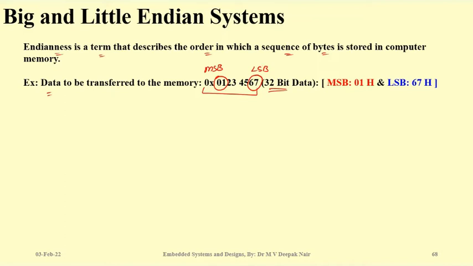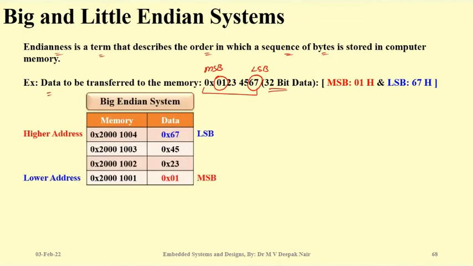Let us see what Endianness is and how different companies use different approaches. So if the company is following the Big Endian system, it will be loading or unloading the data in this particular fashion. So you have the memory here. Lower memory is here, 2000 1001. Higher address is 2000 1004. So the address is growing up in this way.